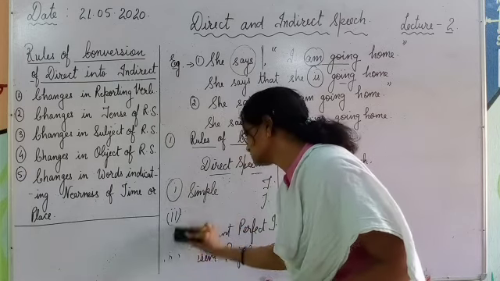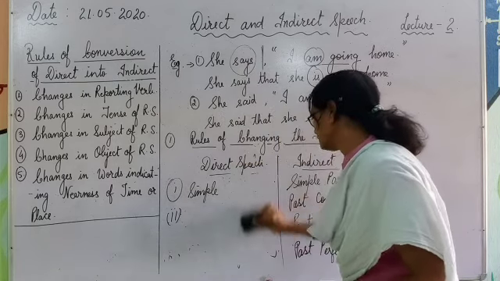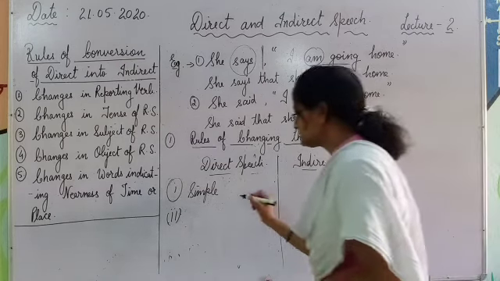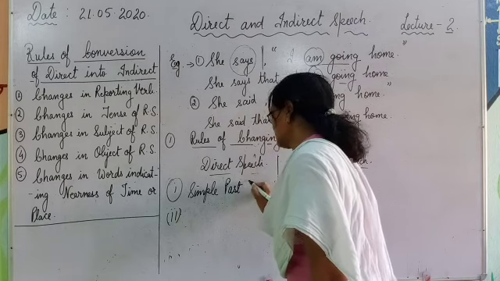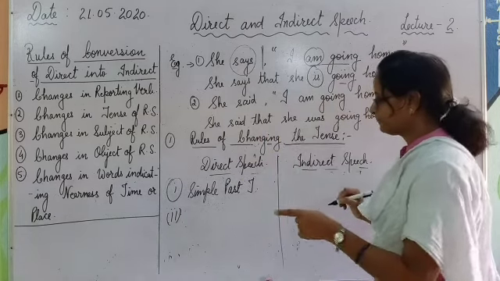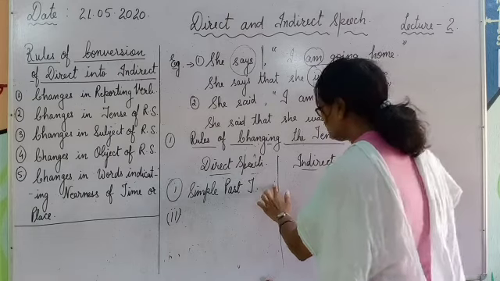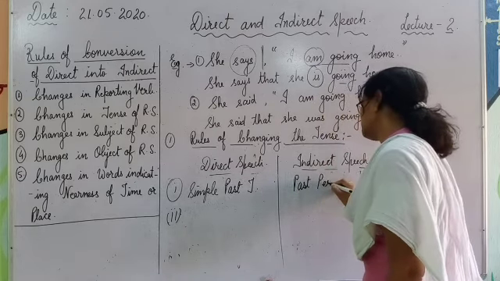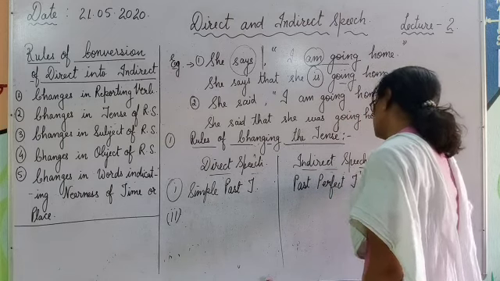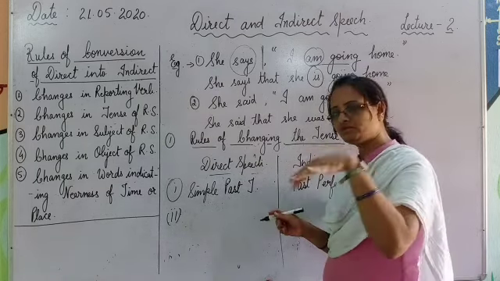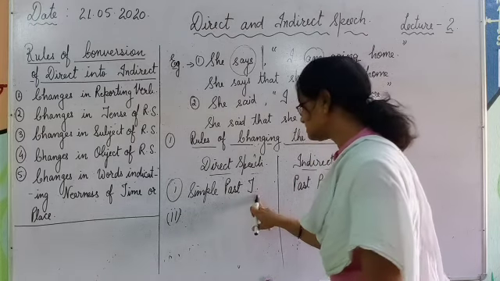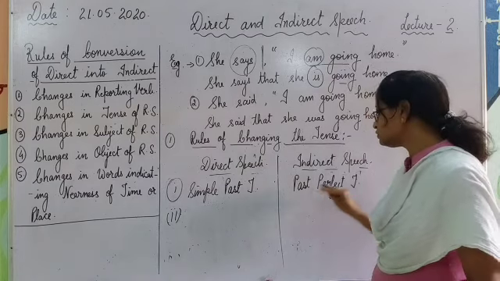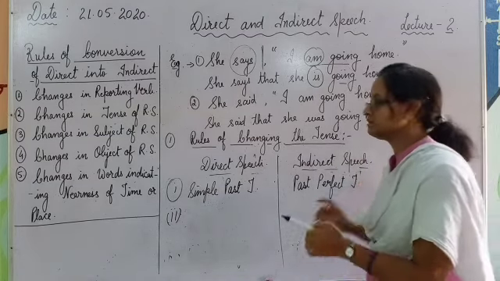Look here. If there is simple past tense in the direct speech, what will you do? You will change it into past perfect tense. Leave the continuous, leave one, and it will change into the alternate. Simple past tense in the direct narration will change into past perfect tense in the indirect narration.